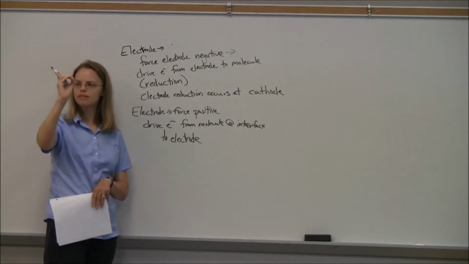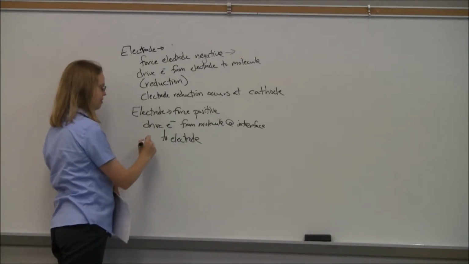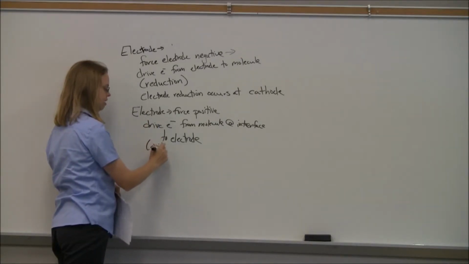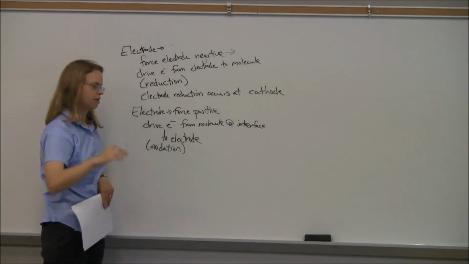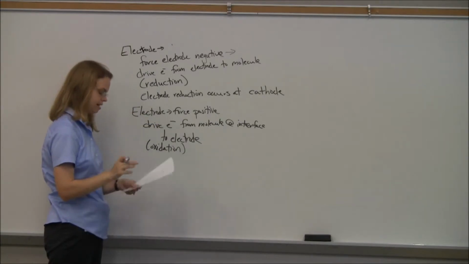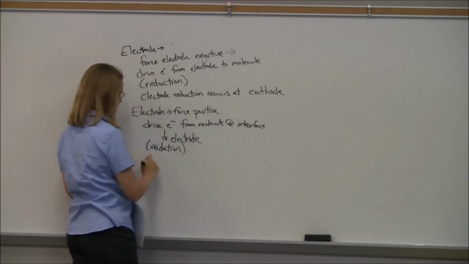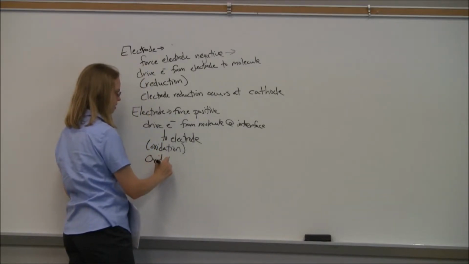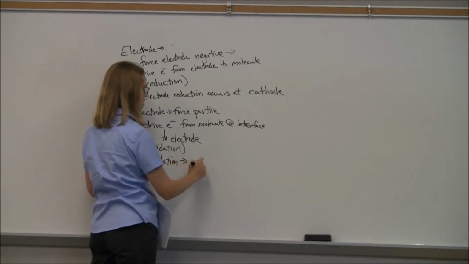It's more positive, so I don't want to attract a negatively charged electron. So that's the definition of oxidation. When the electron goes from the molecule to the electrode, that's oxidation. And of course, oxidation takes place at the anode.